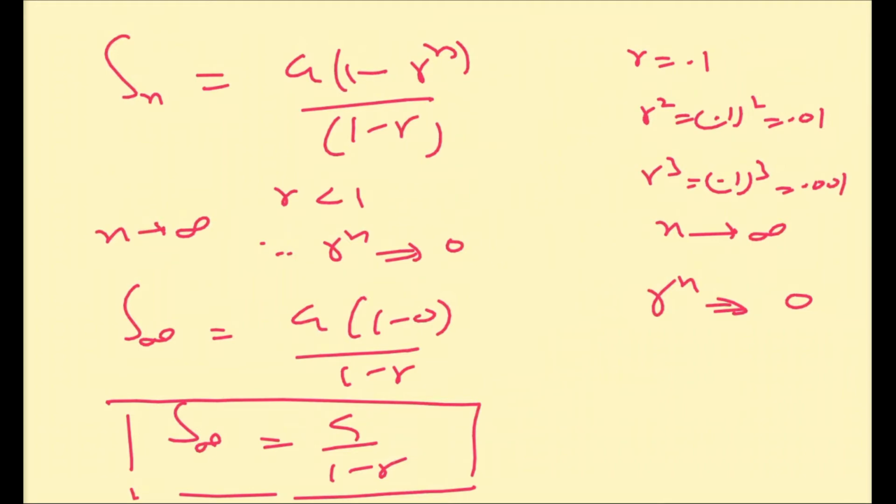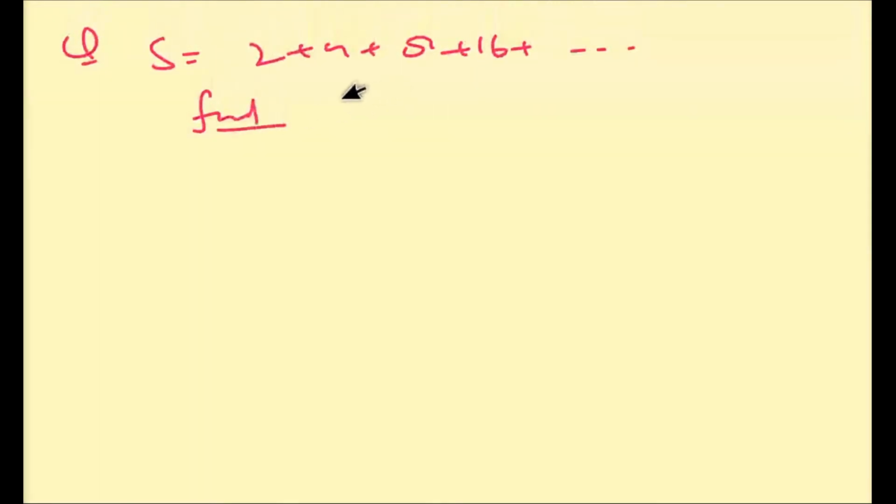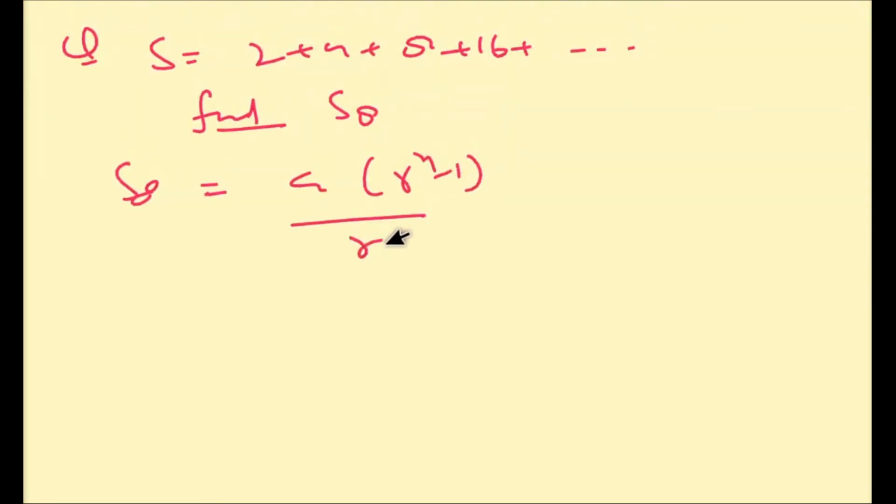Okay, now one question: if S equal to 2 plus 4 plus 8 plus 16 plus and so on, find S8. So S8 equal to a(r^n minus 1) upon (r minus 1).